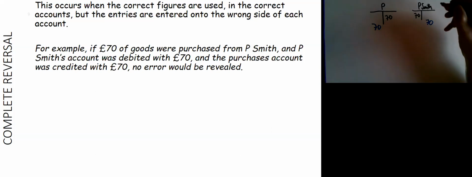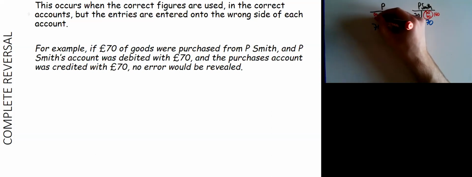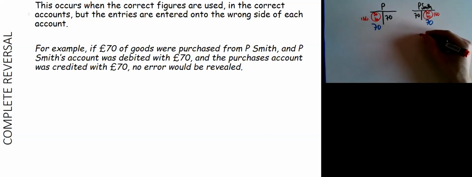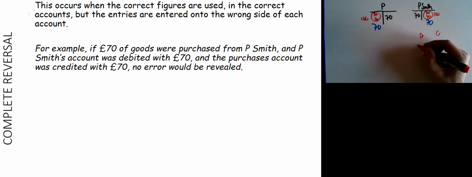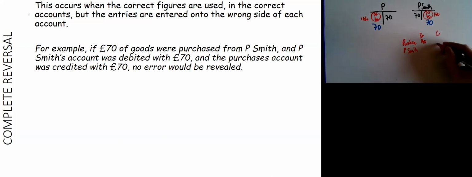So to fix it, I need to put 70 there to cancel it out, then an extra 70, so I need 140. The same here, 70 to cancel it out, plus the 70, so I need 140. So my debit is purchases, 140, and my credit is P. Smith, 140.